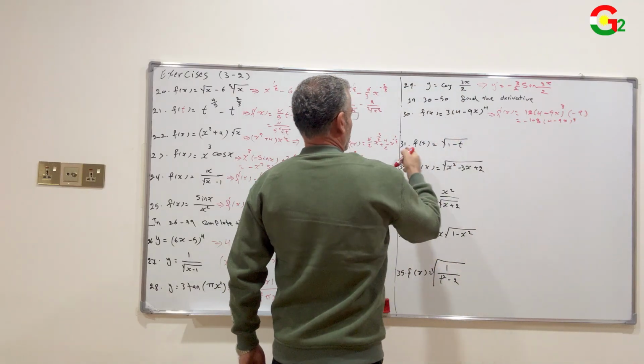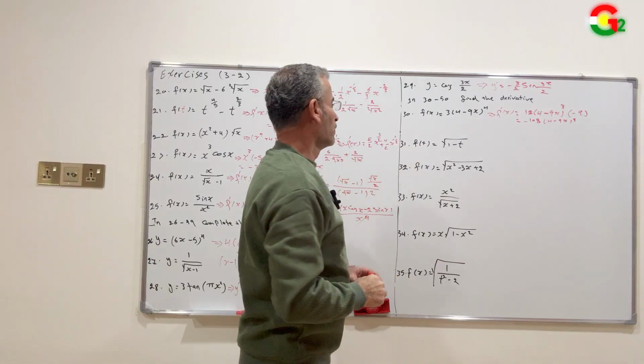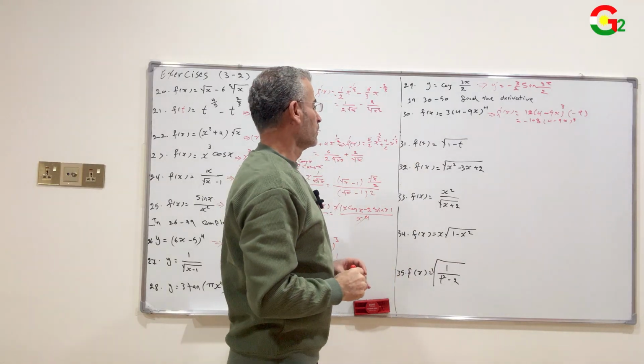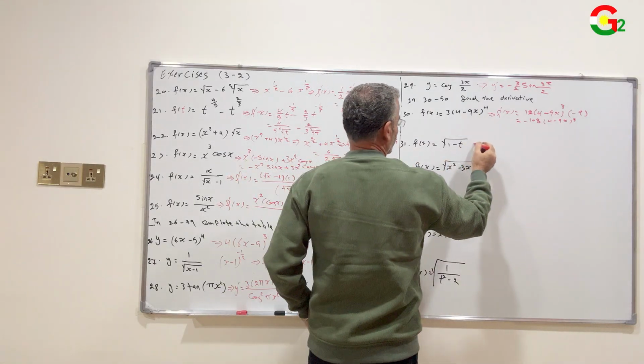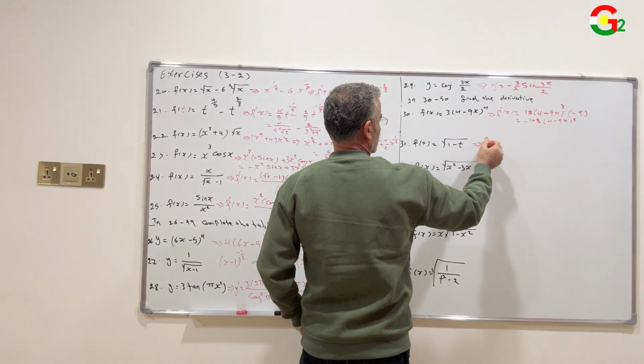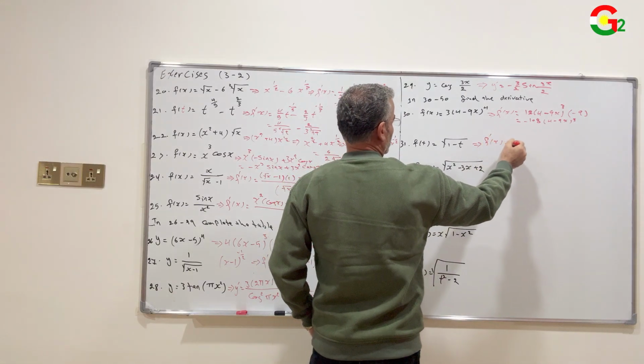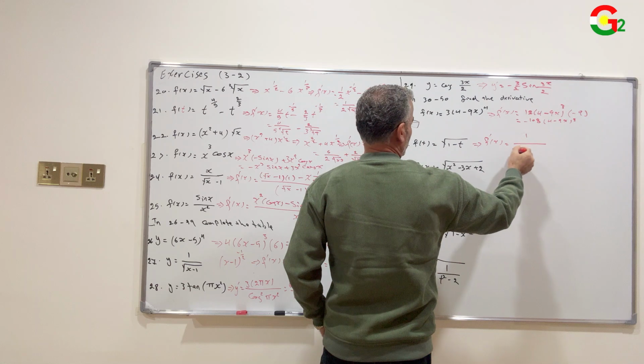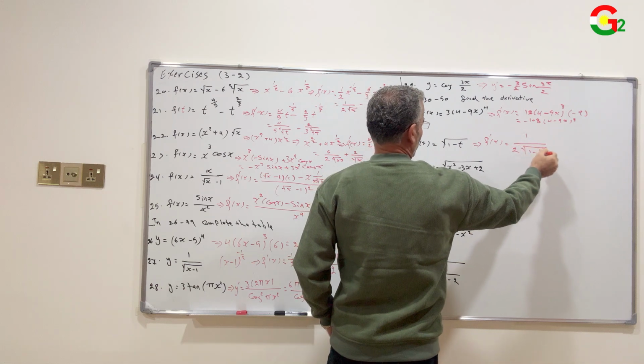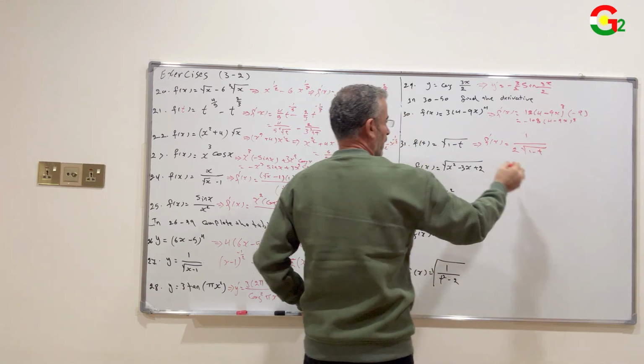Question number 31, f of t equals the square root of 1 minus t. The derivative is negative 1 over 2 square root of 1 minus t. How do we find this?